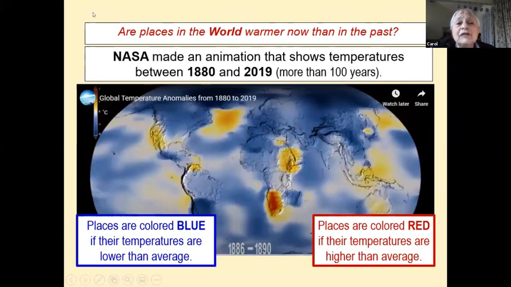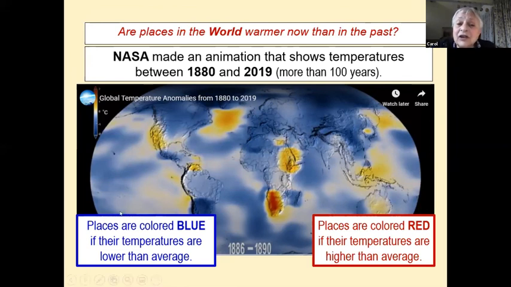Real quickly, if we look at places in the world, NASA has a 30-second animation that shows temperatures from 1880 through 2019. That's more than 100 years. Even 30 seconds seems a little long when they're going through 100 years.